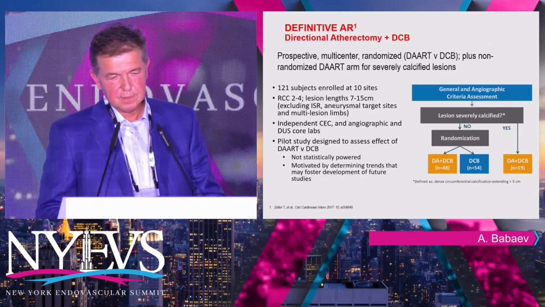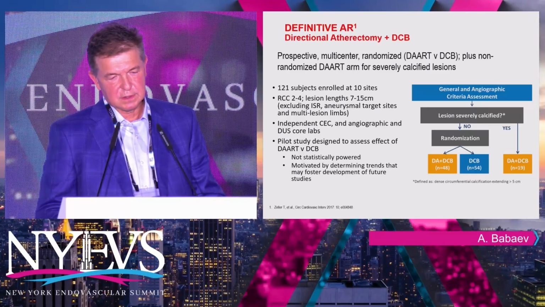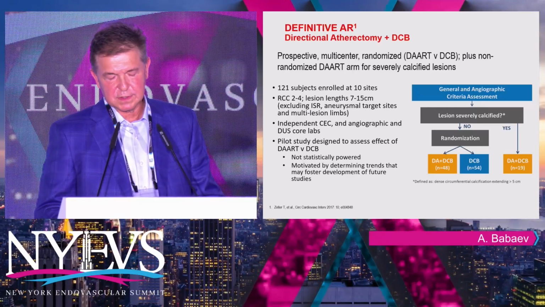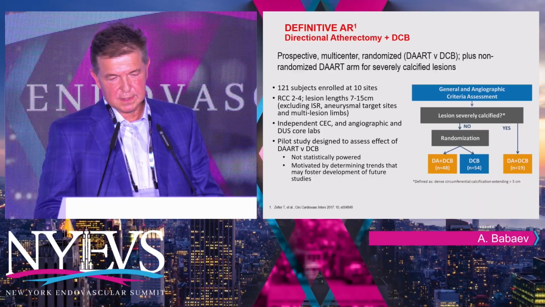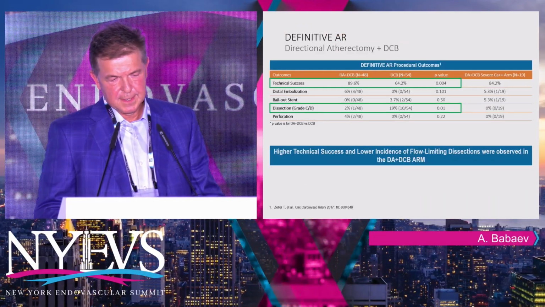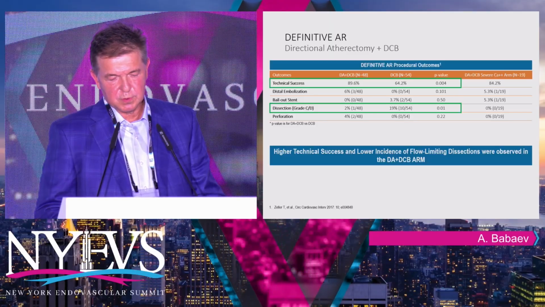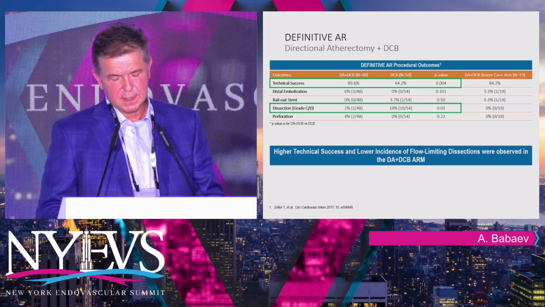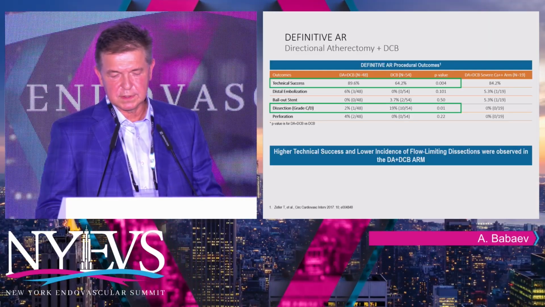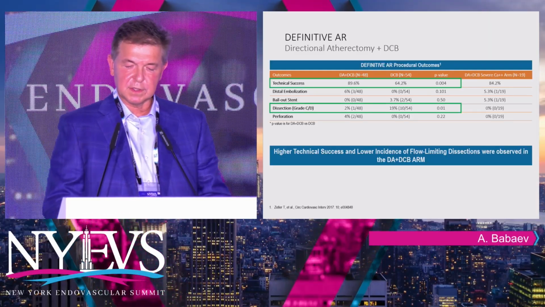This is one of the studies, DEFINITIVE AR, directional atherectomy plus DCB versus DCB alone, by Dr. Zeller. It showed that patients treated with directional atherectomy had a high technical success and a lower incidence of flow-limiting dissections.